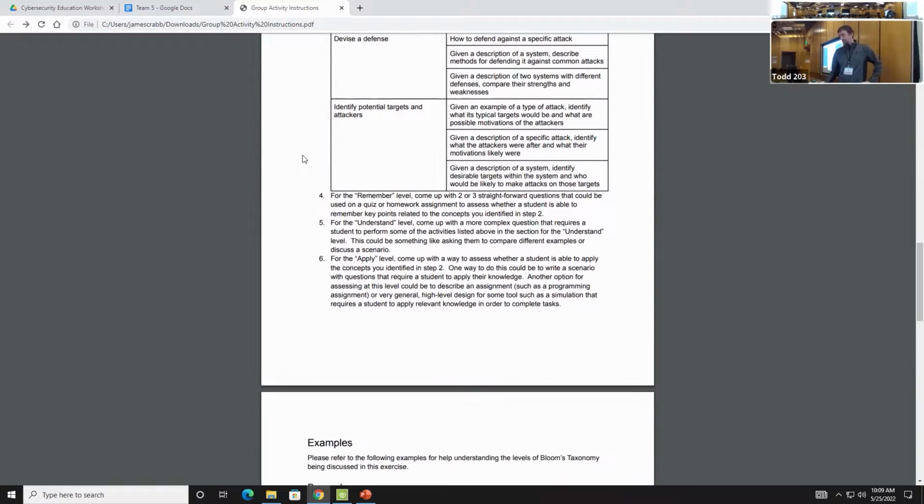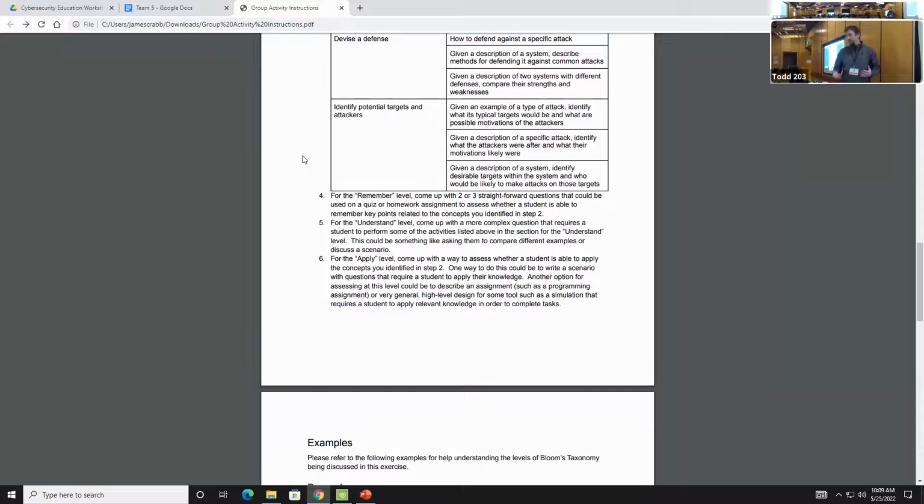And then at the apply level, this is going to be a little more involved. You need to take these concepts that you've been testing at the understand and remember levels and ask students to apply them to some new situation that maybe they haven't seen before. So come up with a way to assess whether a student is able to apply the concepts you identified in the previous levels.